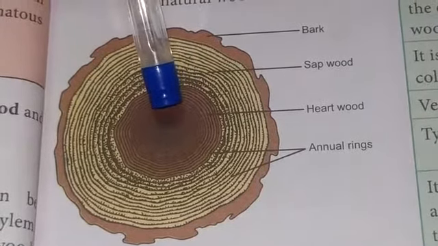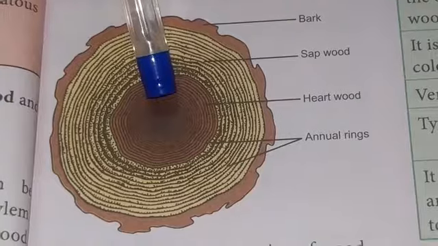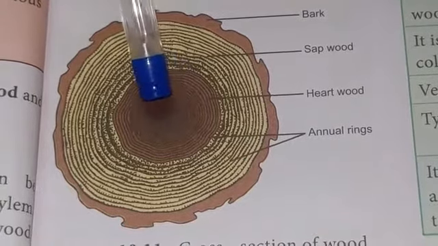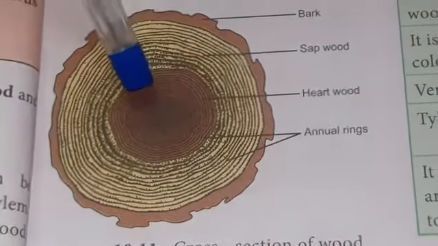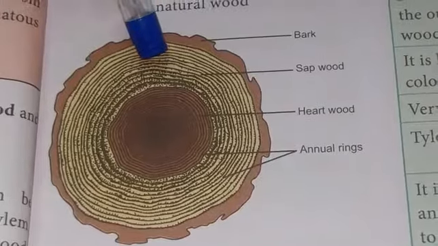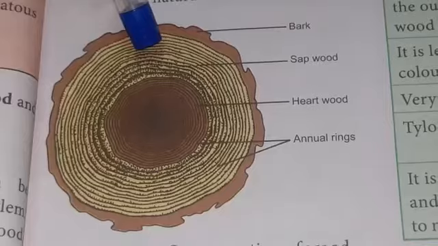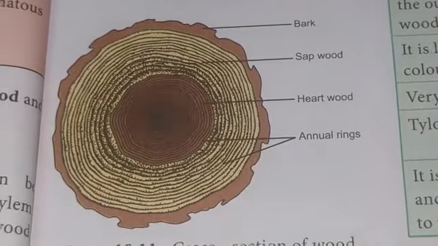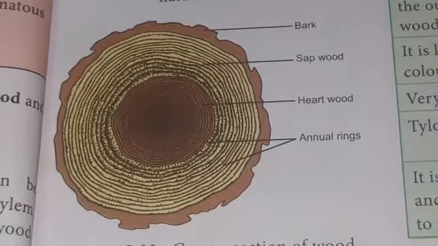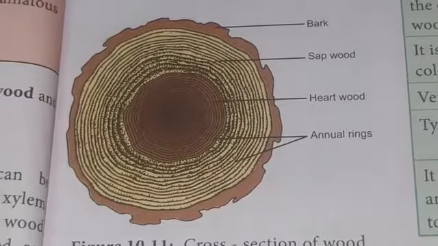The heartwood is hard in nature. From the economic point of view, generally the heartwood is more useful than the sapwood. The timber from the heartwood is more durable and more resistant to the attack of microorganisms and insects than the timber from the sapwood.